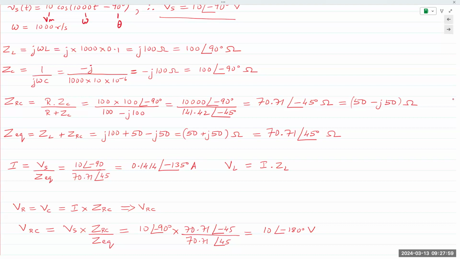So j omega L gives me j100 in rectangular coordinates, or 100 with an angle of 90 degrees in polar coordinates. Same thing with ZC. ZC is 1 over j omega C, which gives me minus j100 ohms, or 100 with an angle of minus 90.